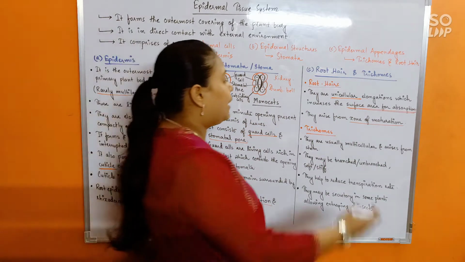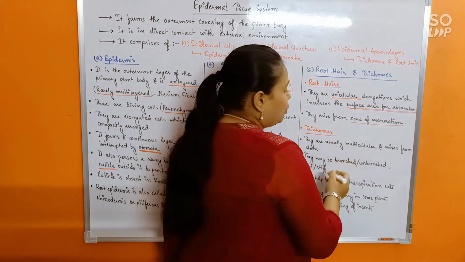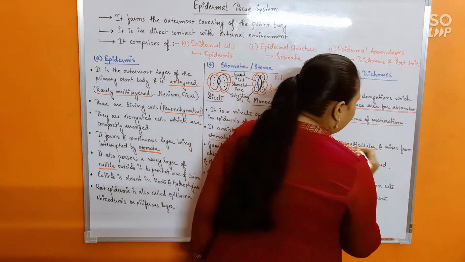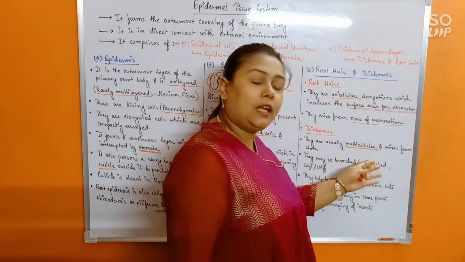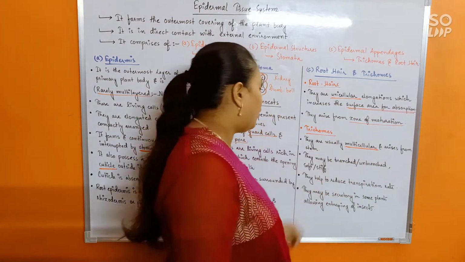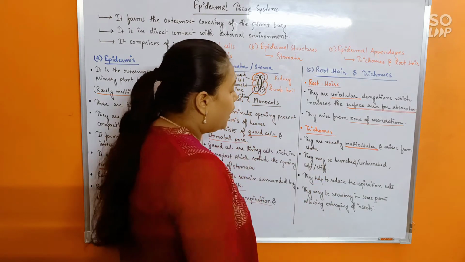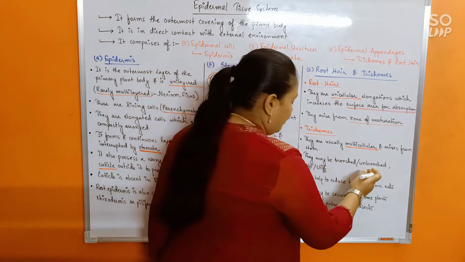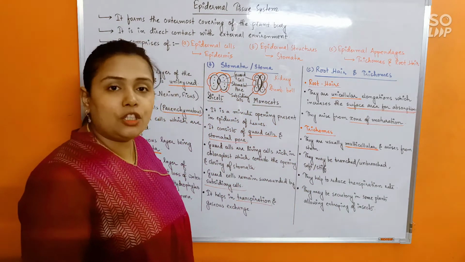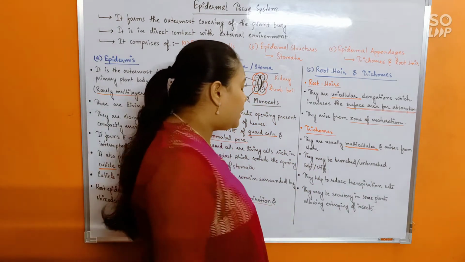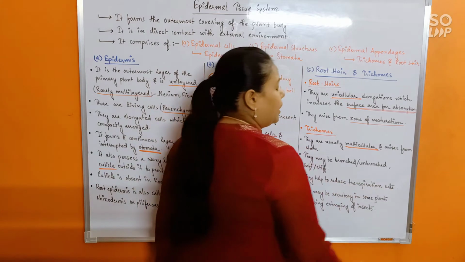And finally trichomes. These are usually multicellular appendages which arise from the stem. They may be branched or unbranched, soft or stiff. And what is their function? The function of trichomes is to reduce the rate of transpiration.